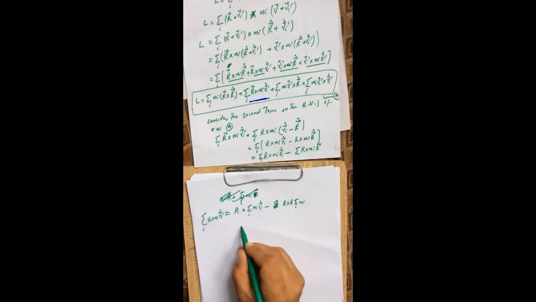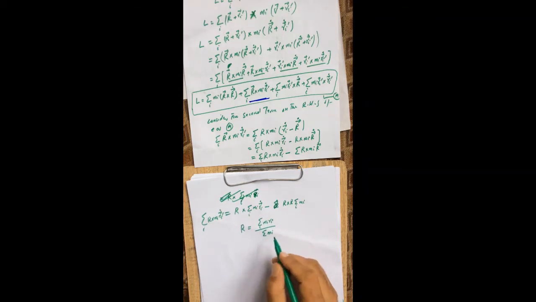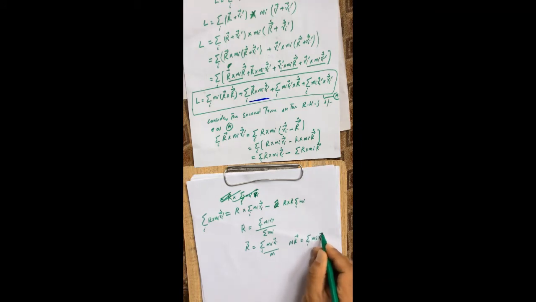Now we know that the position of the center of mass is given by sum over I mi ri over sum over mi. Now this is the total mass, so we replace this sum over mi by capital M. So we have r is equal to sum over I mi ri, okay, over M. I can write it as like this, M r is equal to sum over I mi ri.